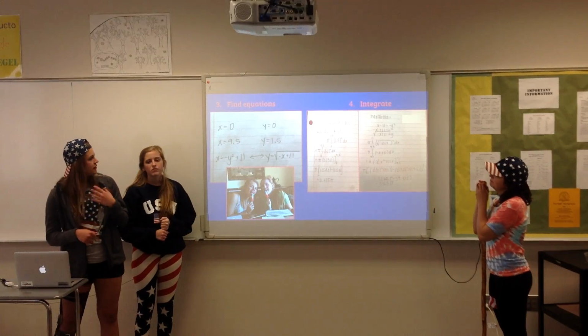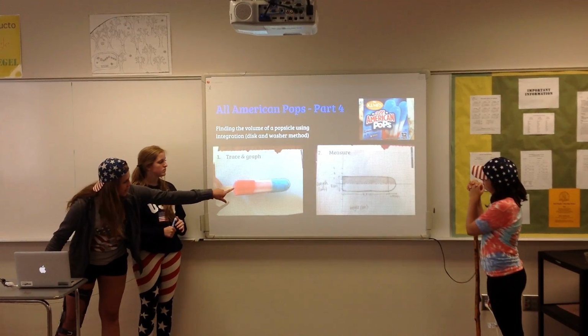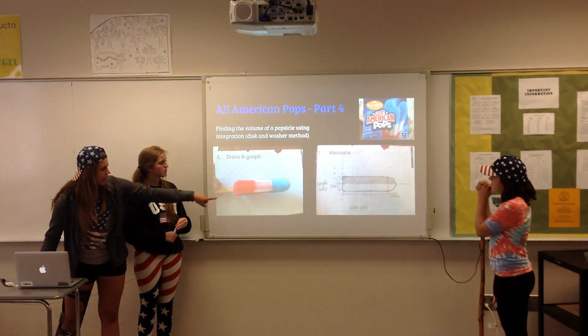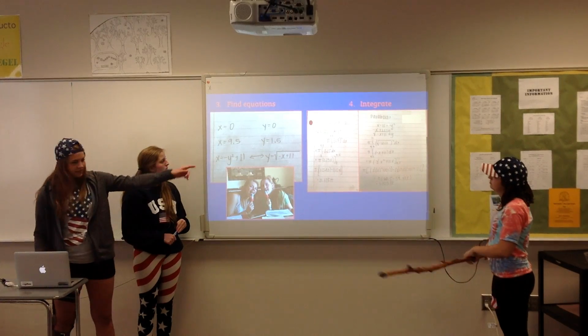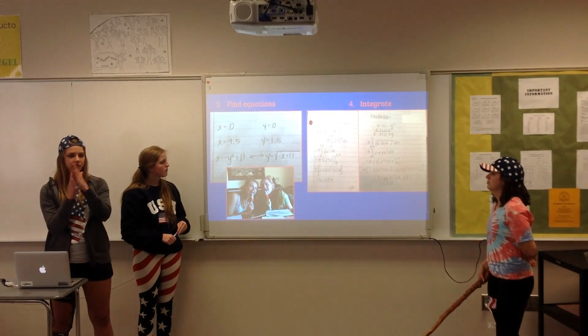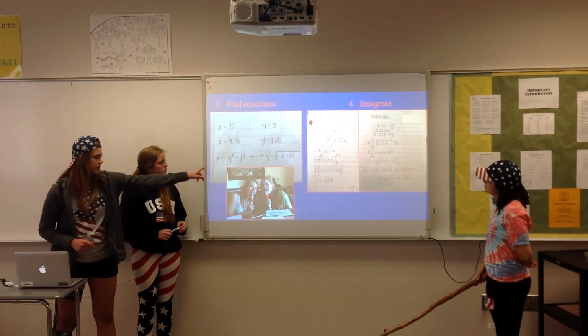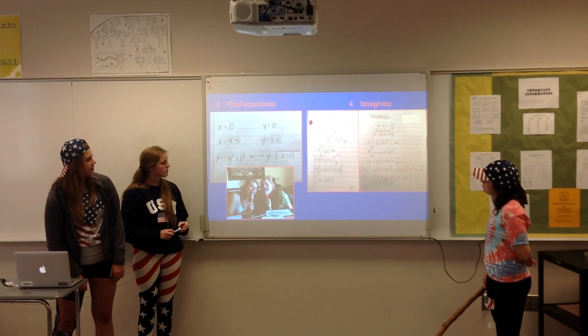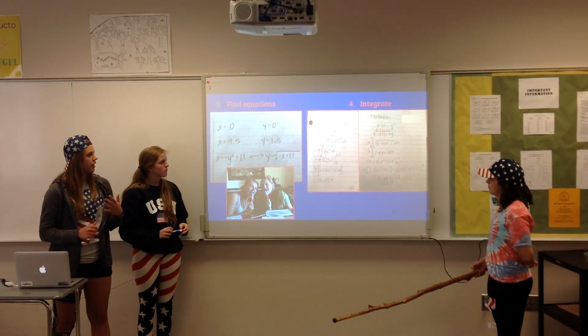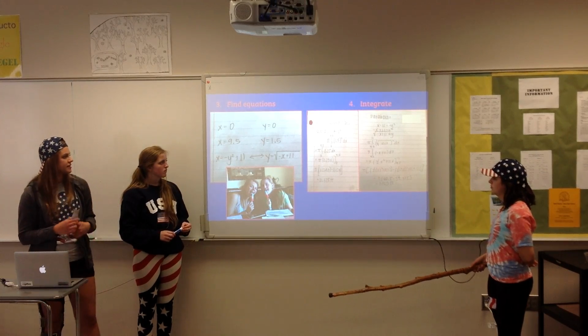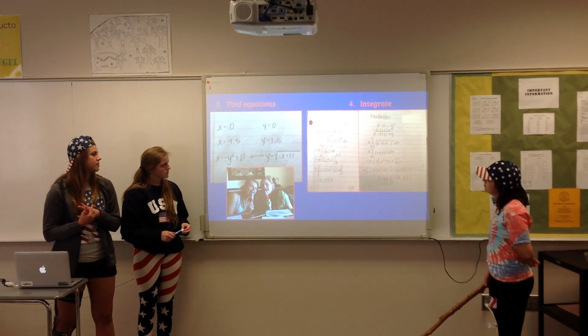So what we did next is we found the equations, as you can see. So we have x equals 0, we have y equals 0, and then we also had x equals 9.5, which cut it in between the rectangle and the half circle, as well as this right here, which is the equation of that. And then we decided to integrate, which would be rotating around the x-axis using the disc and washer method.